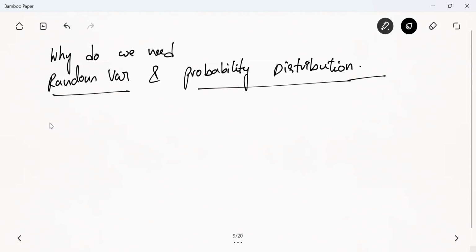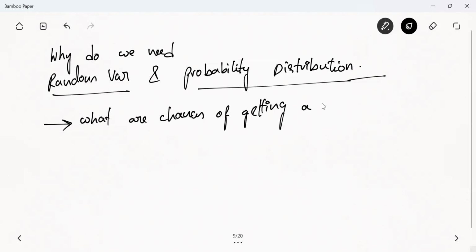For example, you may have heard questions like this. What are the chances of getting a number that is 4 or higher when rolling a die?